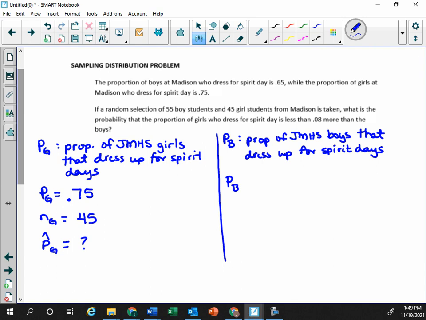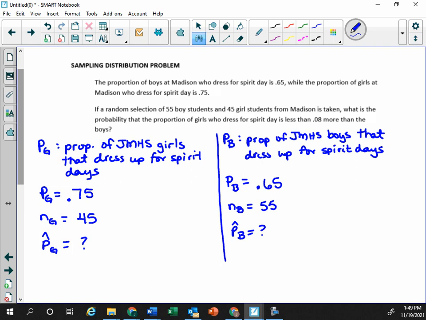All right, and what is the true proportion of boys that dress up? 0.65. What about the sample size for boys? 55. Okay, and do we know P hat for boys? No, we do not know that. Okay.